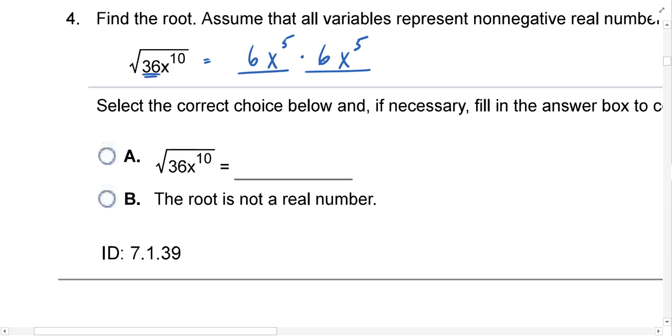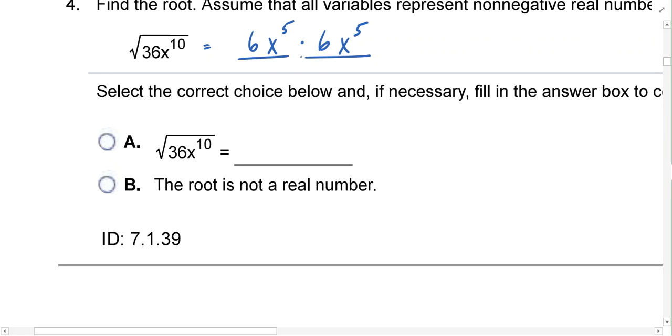Now that one hopefully was obvious to you, but 6 times 6 is a number that multiplies by itself to equal that. So since we were able to find a number that multiplies by itself, we'll go ahead and report this as the result. The square root of 36x to the 10th is 6x to the 5th power.